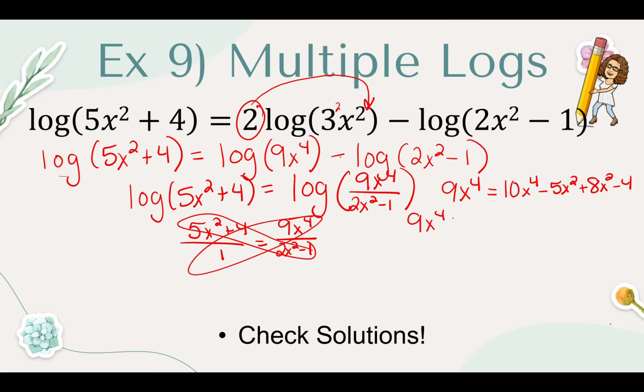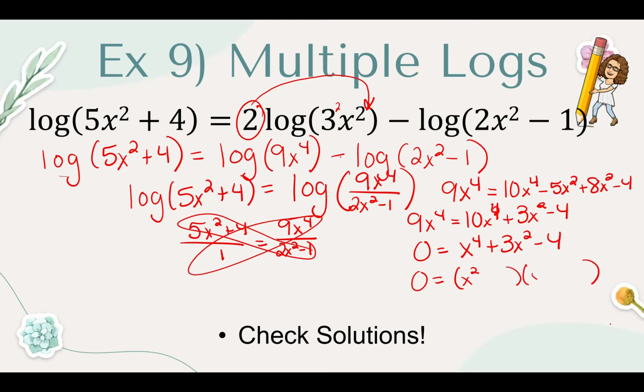Condense that right-hand side here, make it a little cleaner. Oops, that's a 4. Plus 3x squared minus 4. Get everybody to the same side. I'll get 1x to the 4th plus 3x squared minus 4. Factor. X squared, a 4, and a 1.